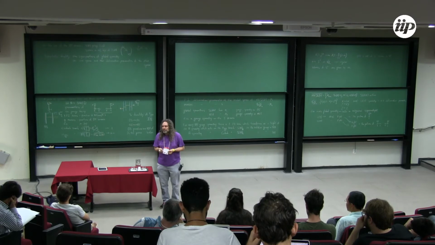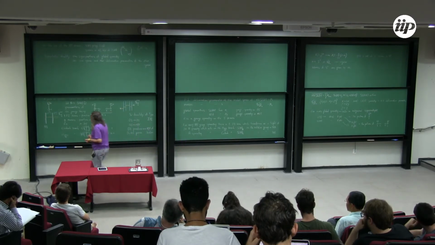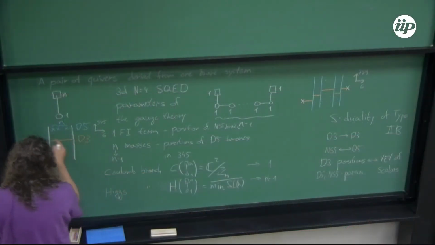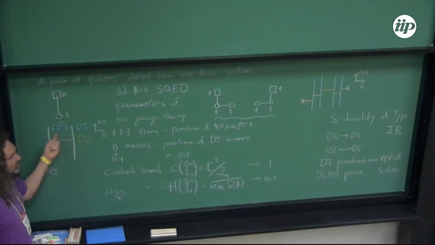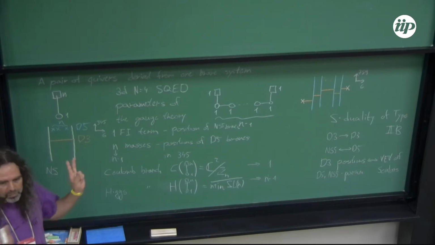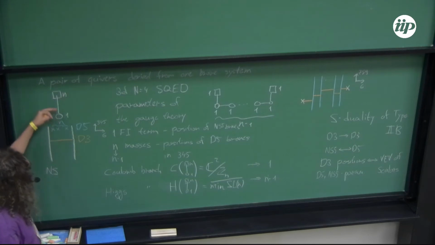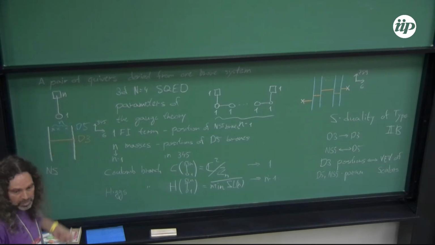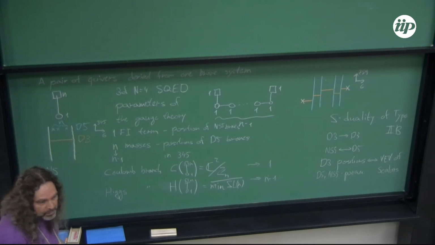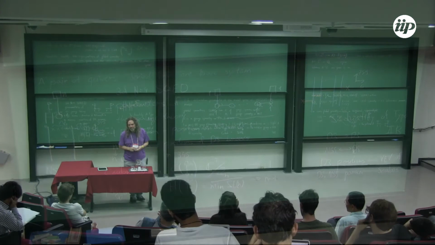There are 4 scalars that the D5 brane has. One scalar tells me the position of the 5 brane along 6, and this turns out to be not relevant for the field theory, and therefore I ignored it. I didn't talk about it. And there are the 3 scalars, which are the positions along 3, 4, 5. Those scalars are the superpartners in the gauge theory that lives on the D5 brane.